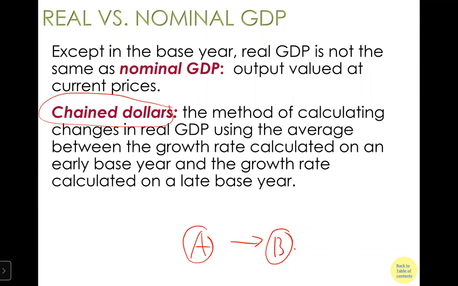To deal with this complication, we use the chain rule. First, you use A as base year to find a growth rate from A to B. Next, you use B as base year to find a growth rate from A to B. Then you take an average of these two growth rates. That's what we call chain dollar.